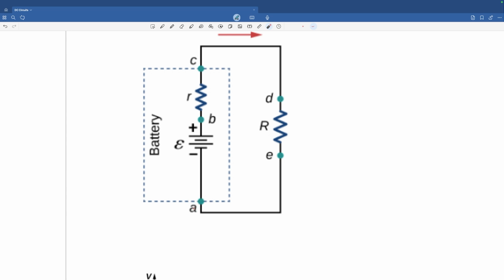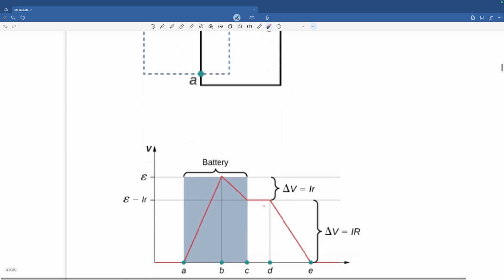So, you got to get this in your mind. You got to understand this. So, whether you connect something from D and E or from C and A, it's electrically the same thing because between C and D, there is no resistance. Same thing between A and E.